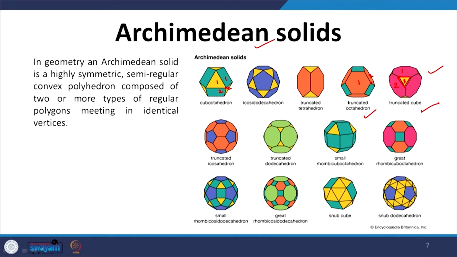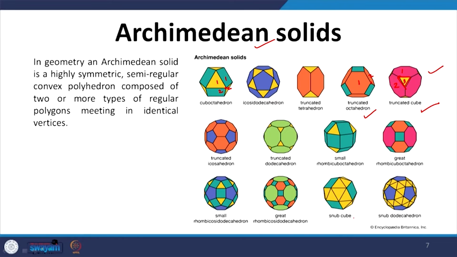These are 13. So, if you go and look at it in detail, we will have 13 different types of Archimedean solids. We are not going to cover this part in our projections of solids, but it is very interesting to read, and as you are going to become architects or engineers, you might be using some of these very interesting shapes in designing.